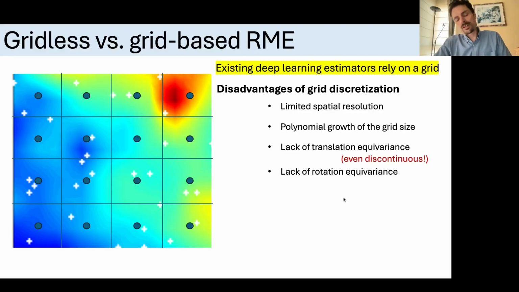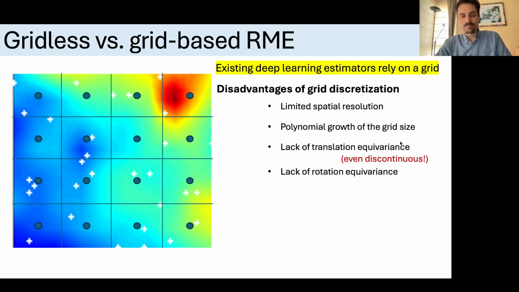Another disadvantage of grid-based approaches is the lack of translation and rotation equivariance. This is because a small change in the grid will result in a change in the assignment of measurements to grid points, and that will change the estimate.